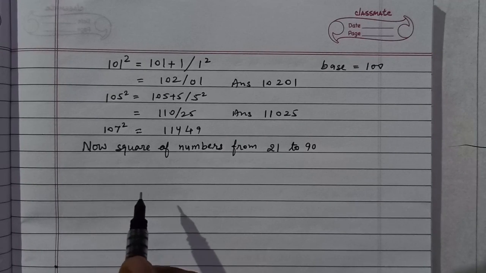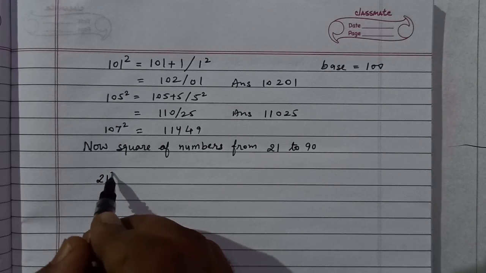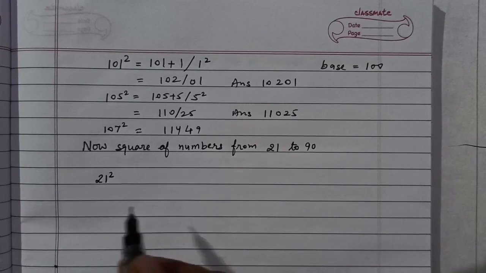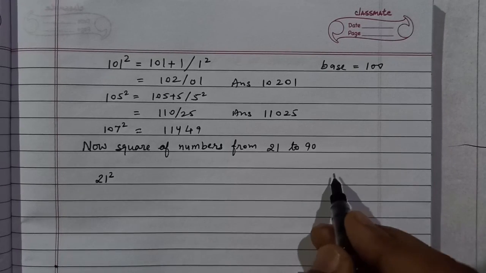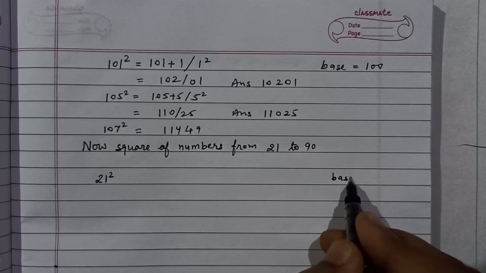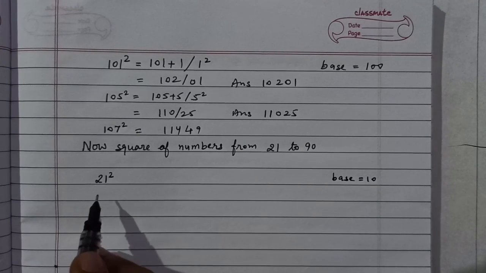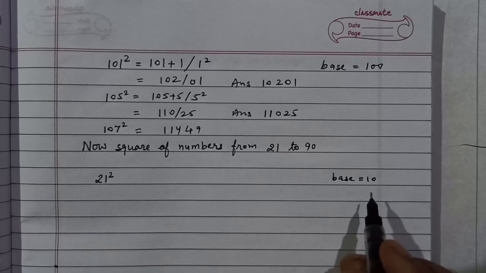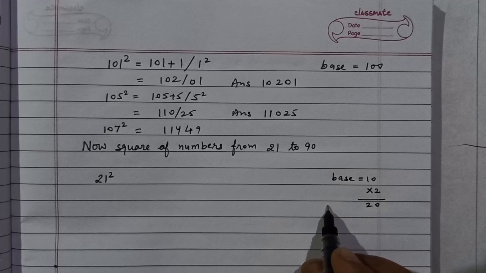Now, squares of 21 to 30. 21 square. 21 is not closer to base 10. It is closer to 20. If 10 is multiplied by 2, we get 20, the subbase.